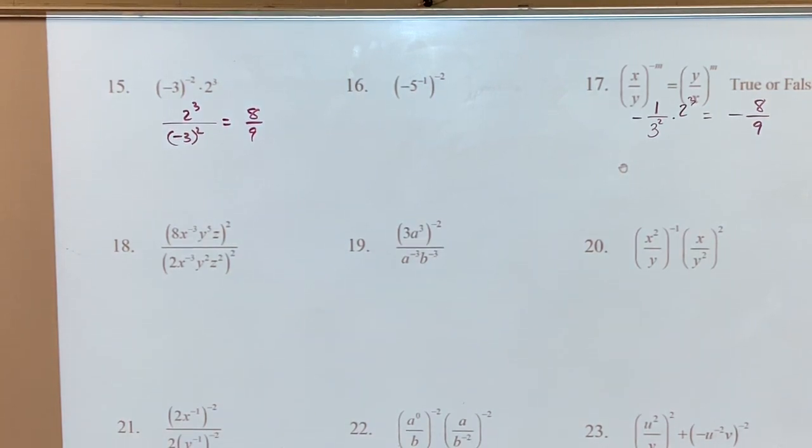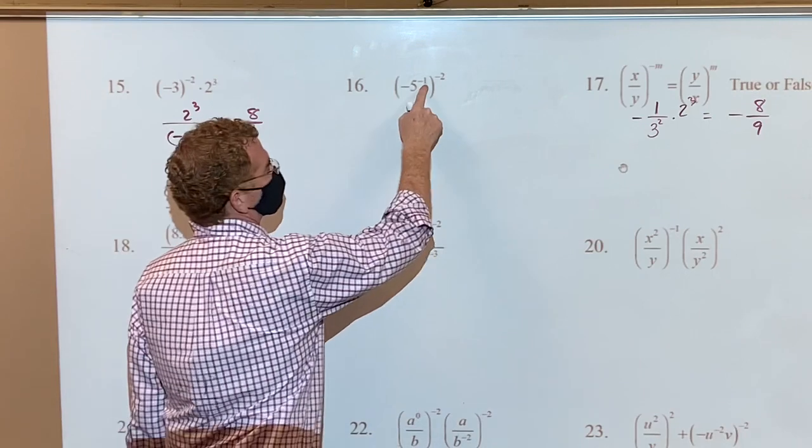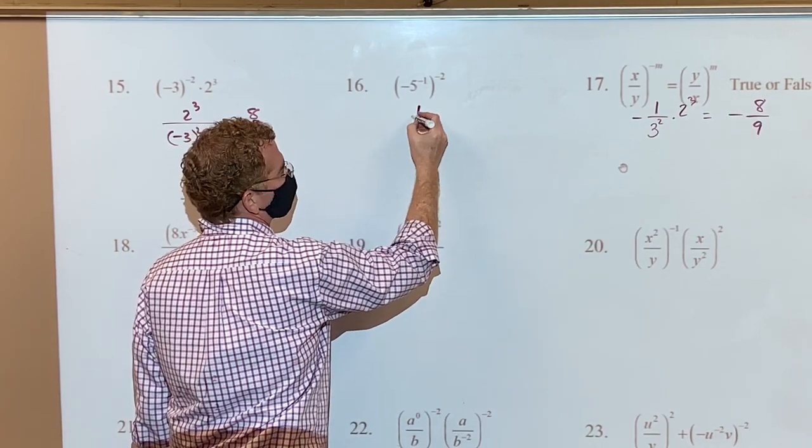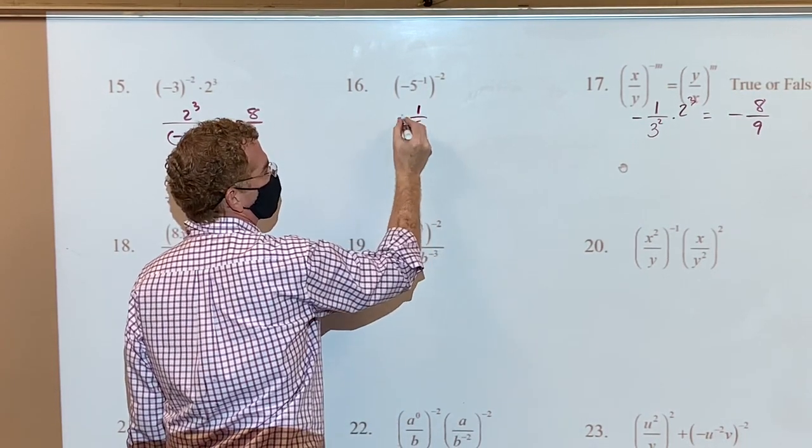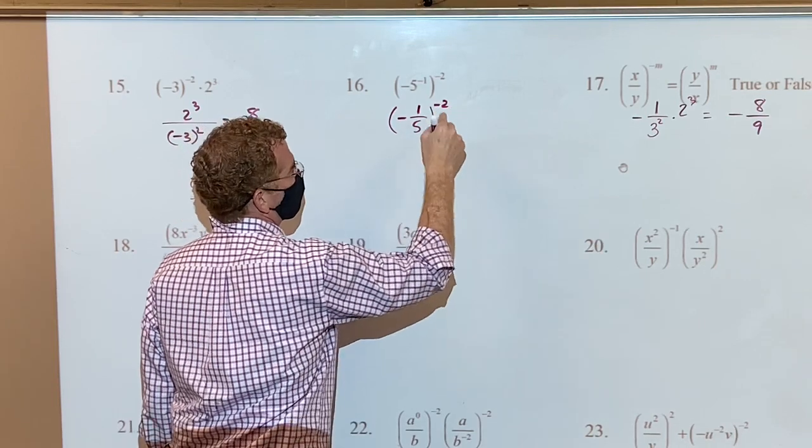What about 16? That's pretty nasty, huh? Let's stick with PEMDAS. Okay, so that 5 is raised to the negative 1, so that's a 1 over 5 to the 1, but it didn't affect the negative. Now, what does this say?